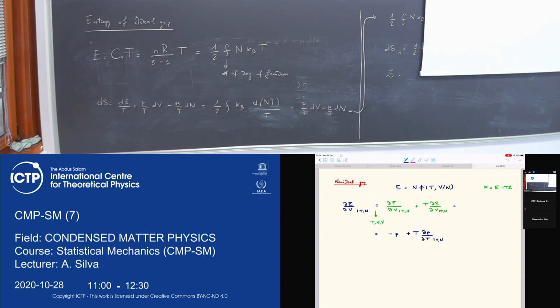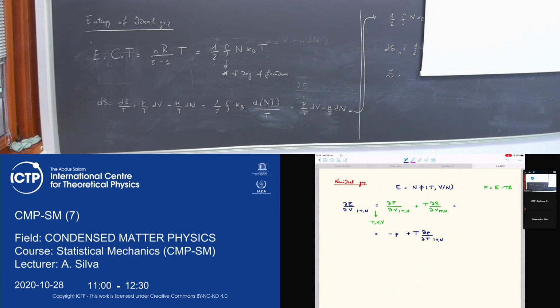Now you see something interesting. If the gas is ideal, substitute here the equation of state for the ideal gas. What do you get? If you put in this formula the equation of state for the ideal gas, what do you get?